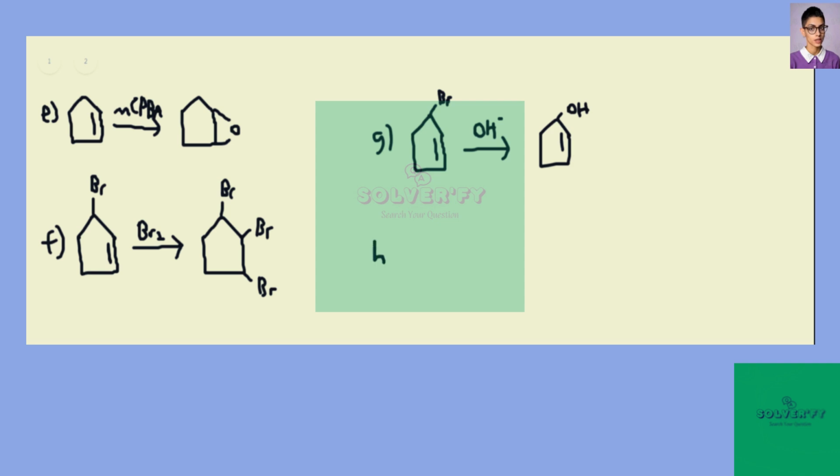And then lastly, for H, we want a nitrile and an alcohol on adjacent carbons. And so what we can do here is use that epoxide that we made in E as our starting point.